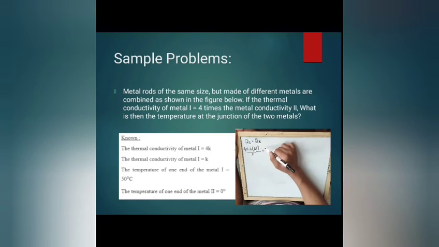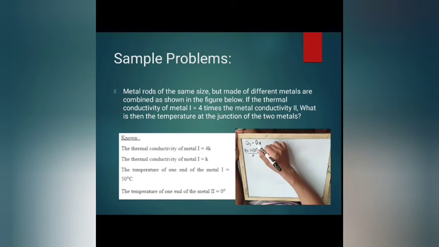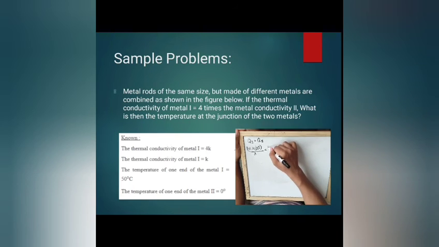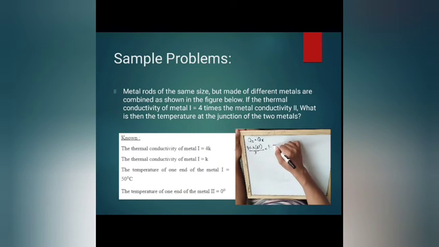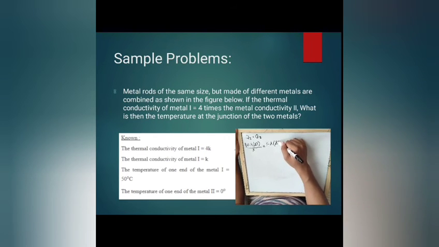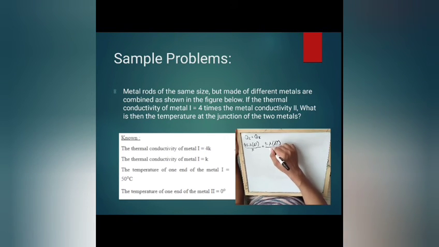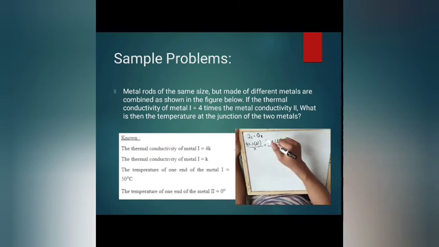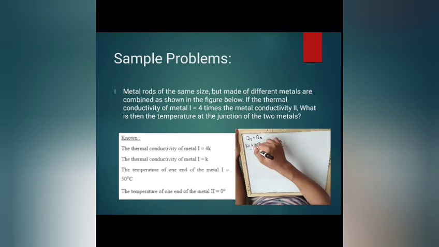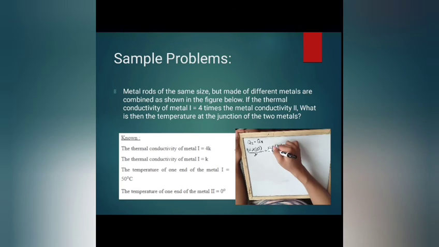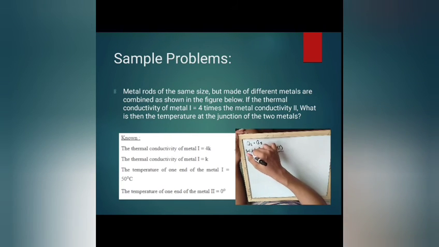Next we put the formula for the heat transfer for metal 2, which is the conductivity times surface area times the difference in temperature over the thickness of the rod. Since they are the same size, we can cancel the area and the thickness, and also the conductivity, since it is just multiplied by 4 here.